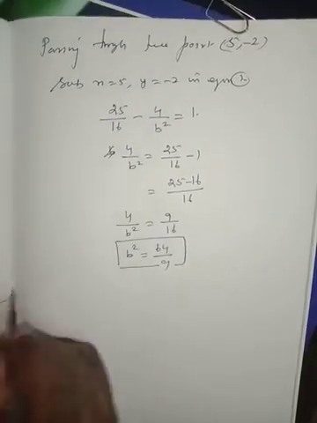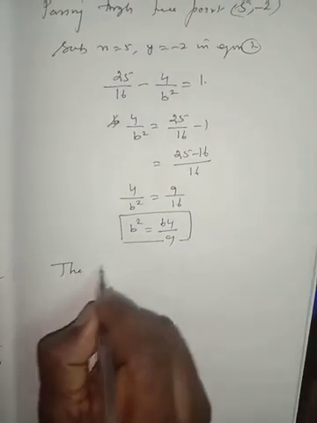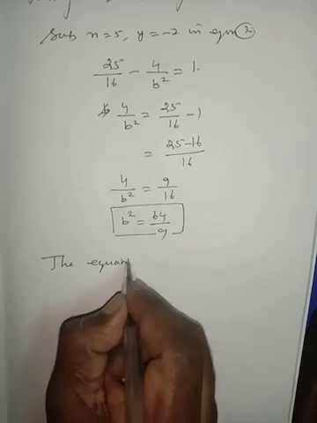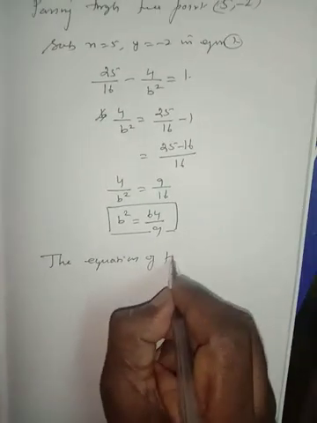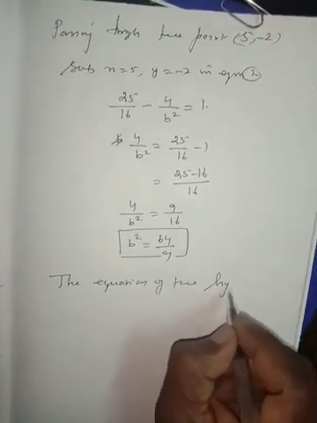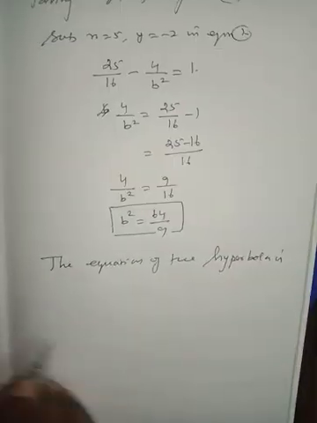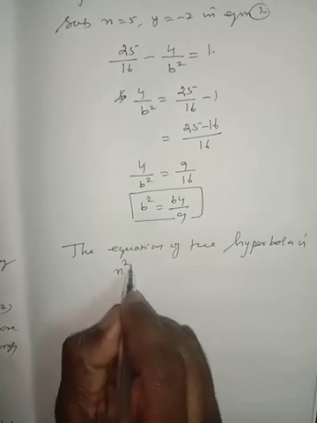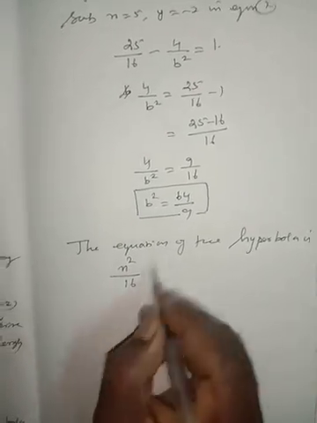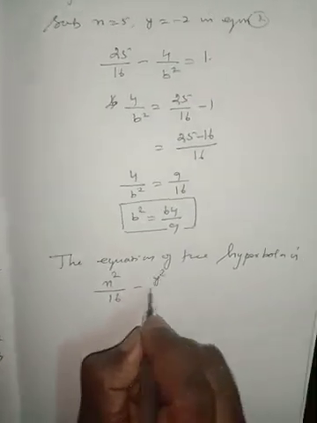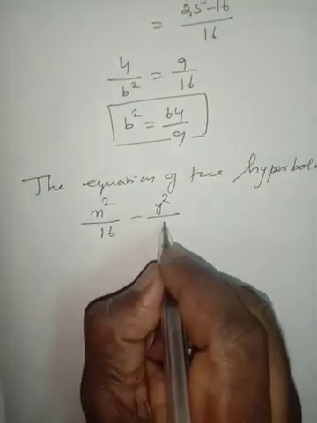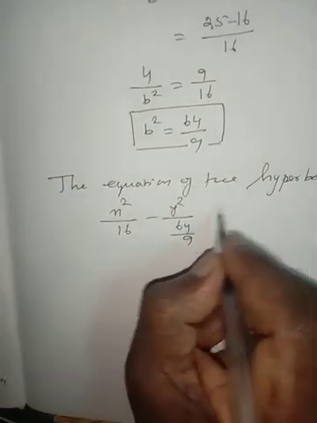The equation of the hyperbola is x square divided by 16 minus y square divided by 64 by 9 is equal to 1.